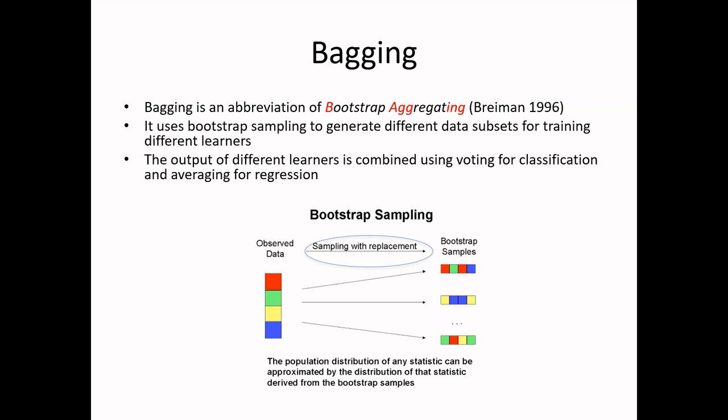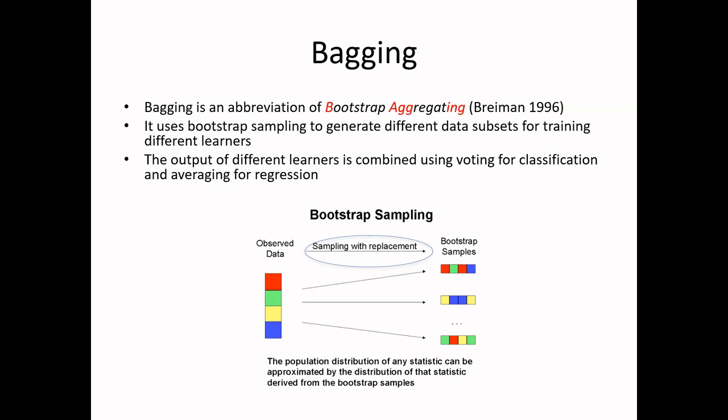If you look at this example shown here, we have a collection of 4 data points, red, green, yellow, and blue, on the left-hand side. And we are creating several bootstrap samples of the same size. First time we pick 4 training samples at random, so maybe we will pick red, green, red, blue.